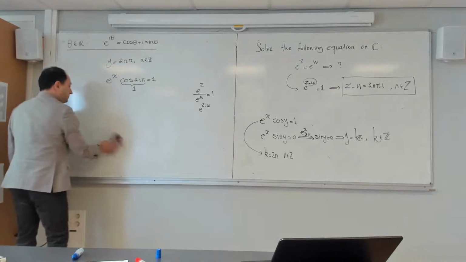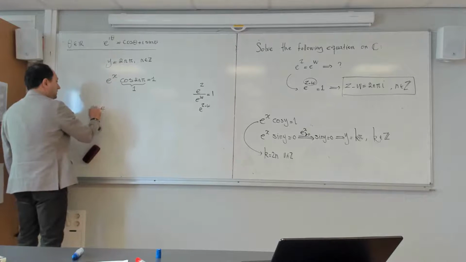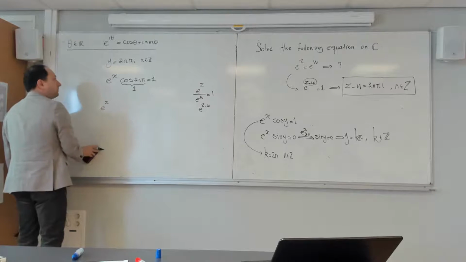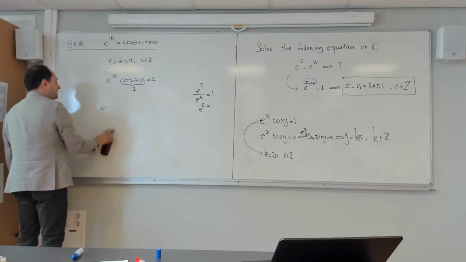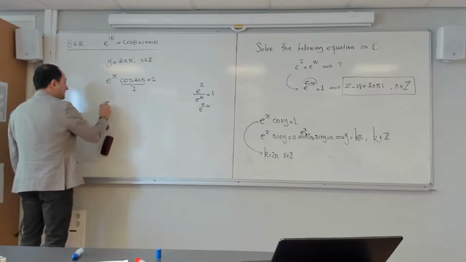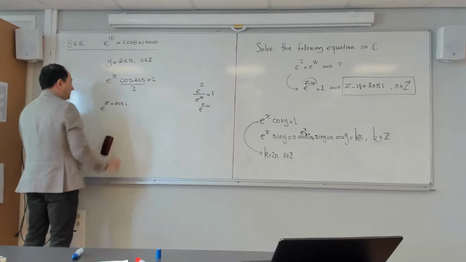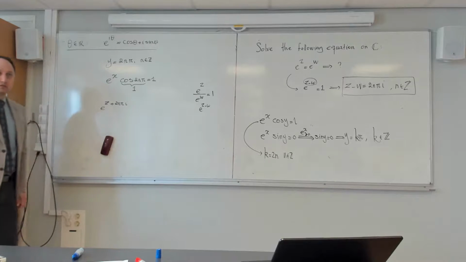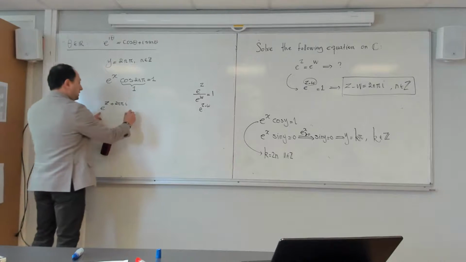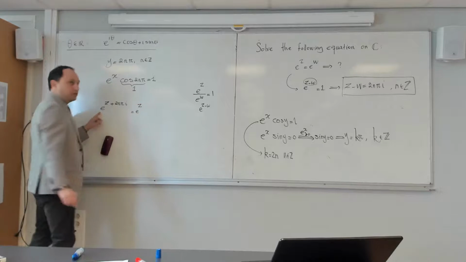if I ask you, by the way, what is e to power z plus 2n pi times i, if I ask you to calculate this, what happens? It becomes e to power z itself. Do you agree?